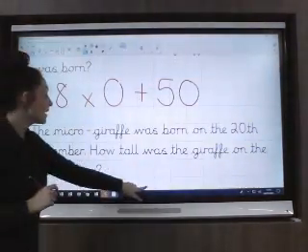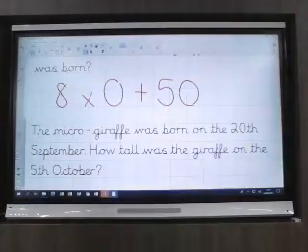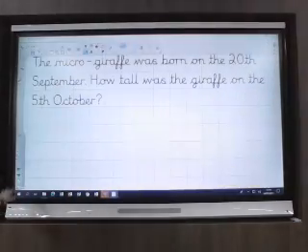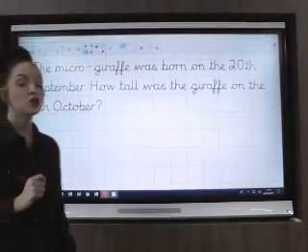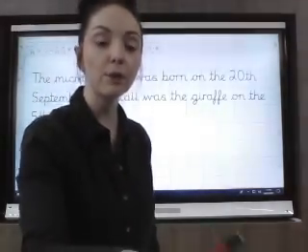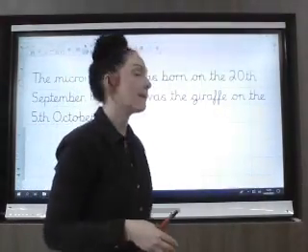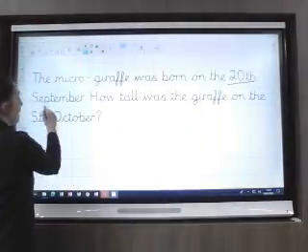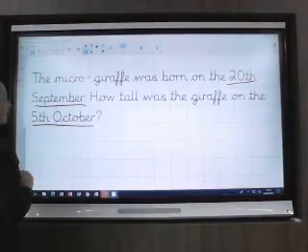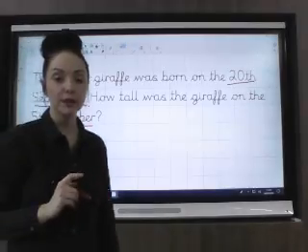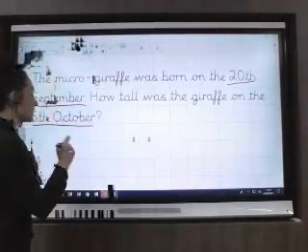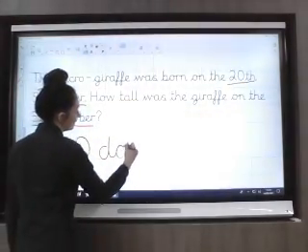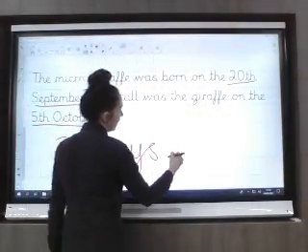Then this one says, the micro giraffe was born on the 20th of September. How tall was the giraffe on the 5th of October? So before you can work that out, you need to work out how many days old it is. So if it was born on the 20th of September, and now it's the 5th of October, you've got to work out how old it is. I'm going to tell you, little hint, there are 30 days in September.